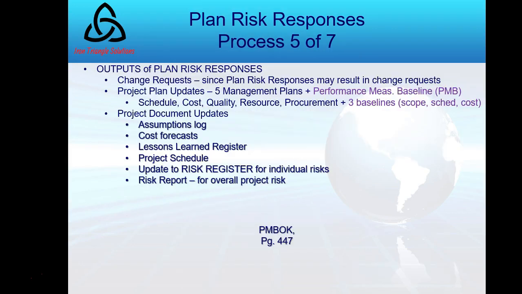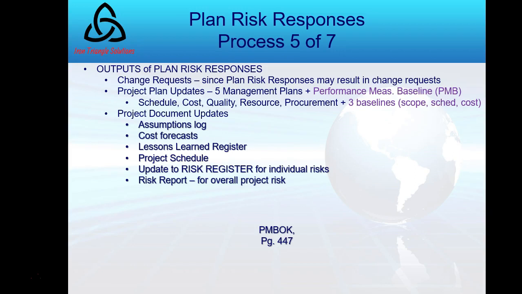Now for my outputs. Okay, so the outputs then of plan risk responses are the following. I have change requests, and this is since my plan risk response may result in further changes, that becomes an output of my planning. Project plan updates, including 5 management plans and the performance measurement baseline.